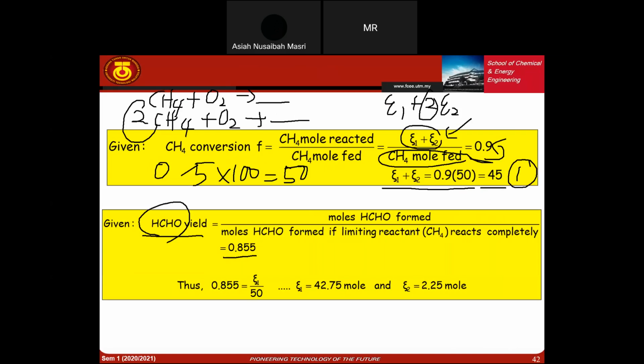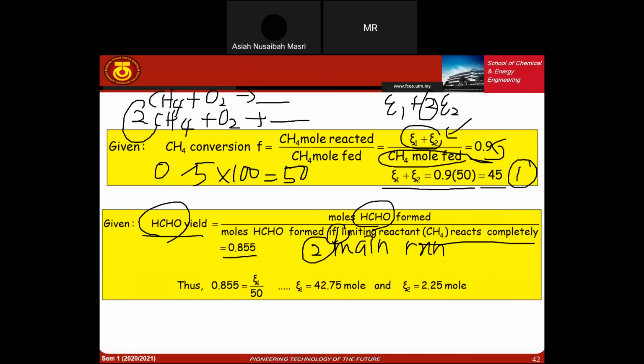Now, it was in the first statement. So how many moles of HCHO formed, over how much theoretically should form, if there are two assumptions. First, the limiting reactant, which in this case is CH4, reacts completely. And second, only the main reaction is considered.